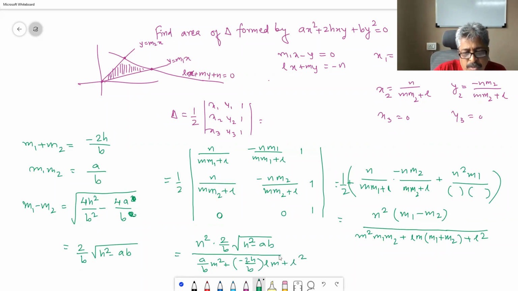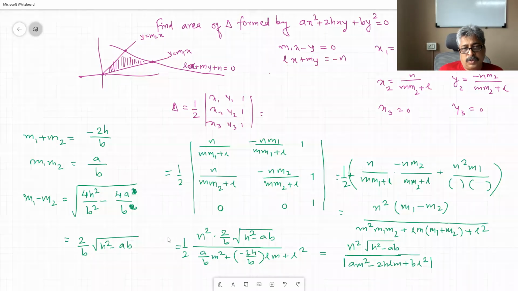So what do we do, remove b from the numerator and denominator. Then this 2 comes, and half is outside. That gives us the final formula as n square radical h square minus ab upon a absolute value, because it could be either positive or negative, of am square minus 2h lm plus bl square, is the area. Okay, so this is the formula.